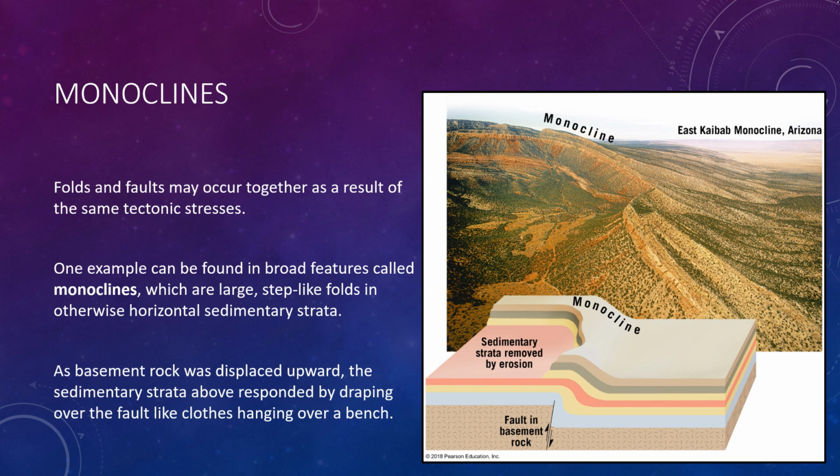These folds appear to have resulted from the reactivation of ancient steep-dipping faults located in the rock below the plateau. As large blocks of basement rock were displaced upward, the comparatively ductile sedimentary strata above responded by draping over the fault like clothes hanging over a bench. Displacement along these reactivated faults can exceed 0.6 miles.